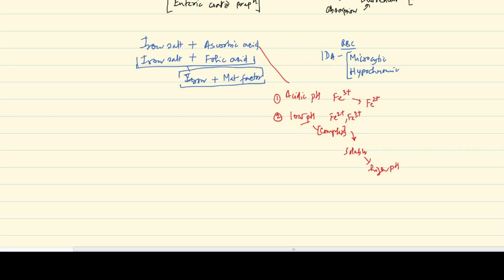Now, a ferric salt, at higher pH, becomes insoluble, right? But this complex with ascorbic acid is soluble even at high pH, and therefore that could increase the bioavailability.